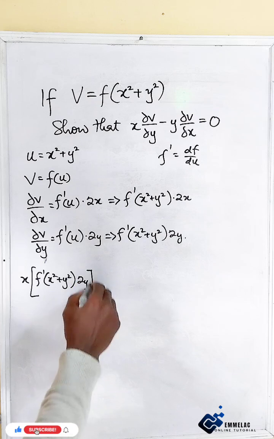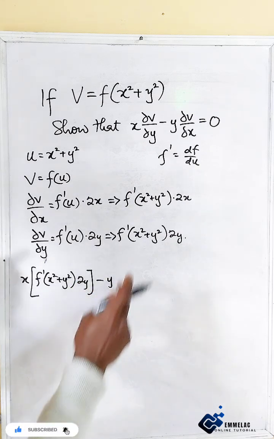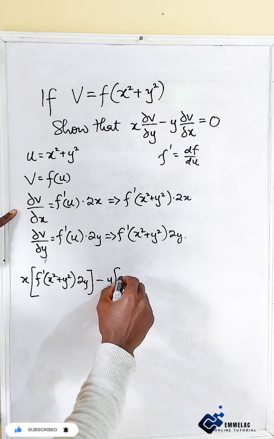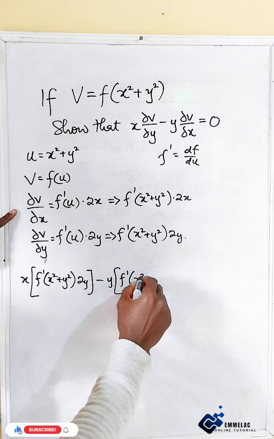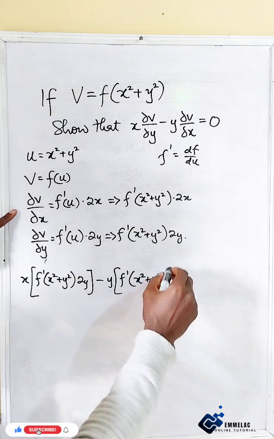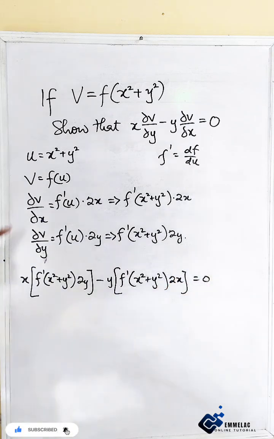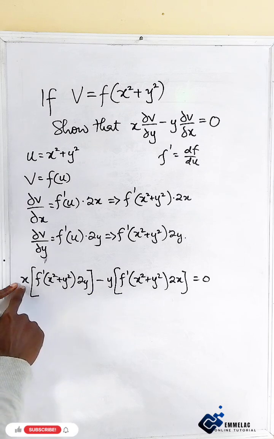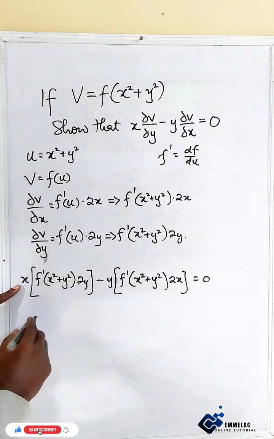Then minus y, and for x, this is f prime of x squared plus y squared, then 2x, all equals 0. Now if we open this bracket, which means x multiplies whatever is in the bracket.